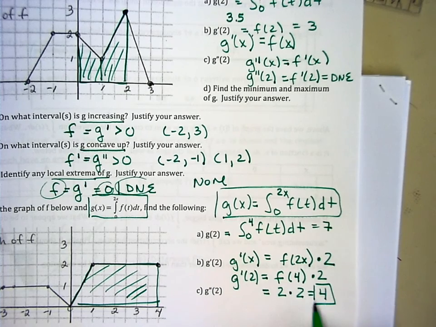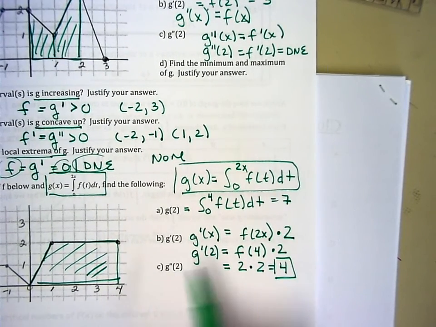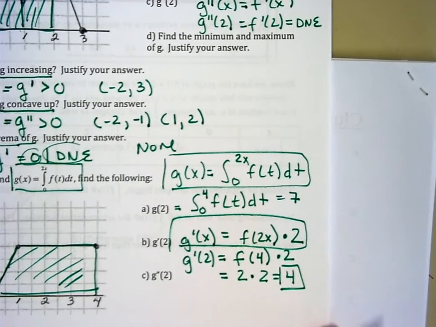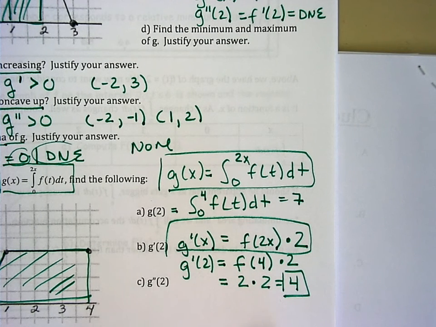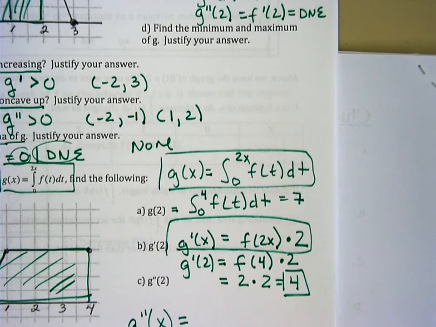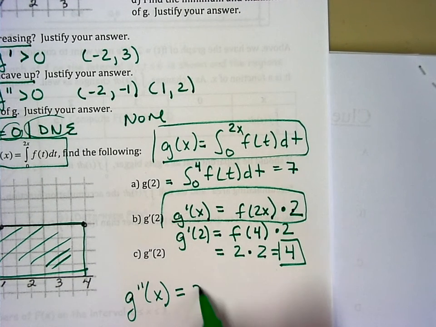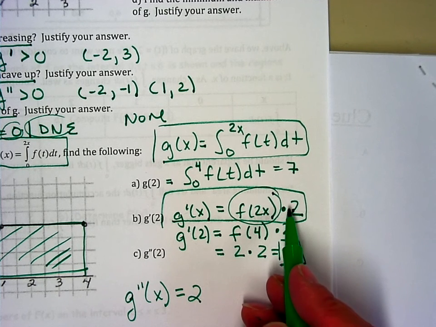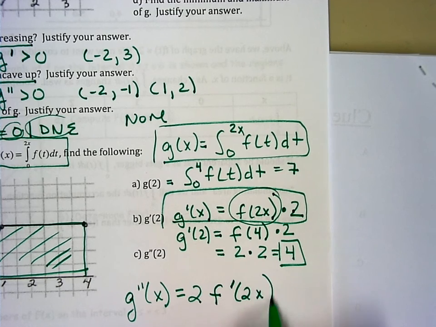Okay, lastly, g double prime of 2. Okay, I'm going to go back to this. You always want to get the general equation in terms of x before you start plugging in numbers. So the derivative of g prime will give me g double prime. This 2 here is just a coefficient or a constant multiple. Just leave it in the front. Now I just have to take the derivative of this. The derivative of f of 2x is the derivative of the outside times the derivative of the inside.